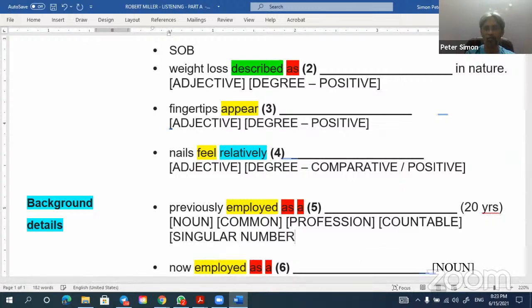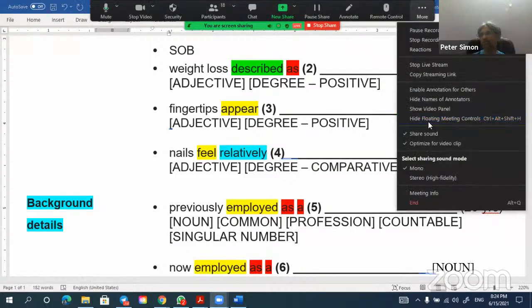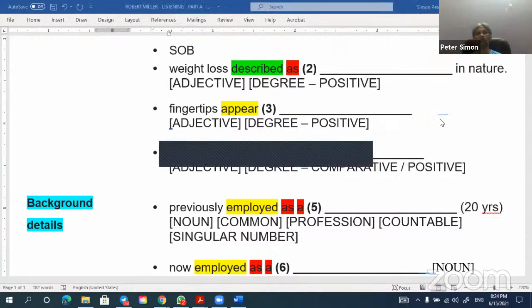I'm showing you many different things. So your mind should work like mercury here. What do you mean by mercury?